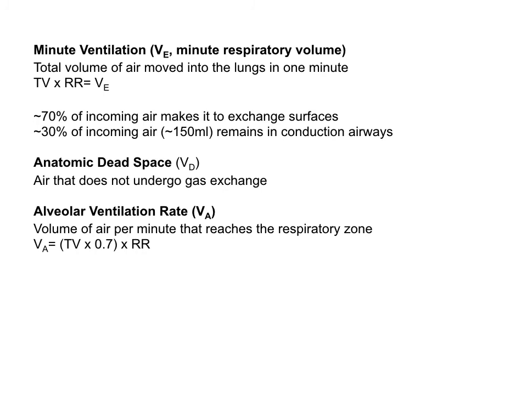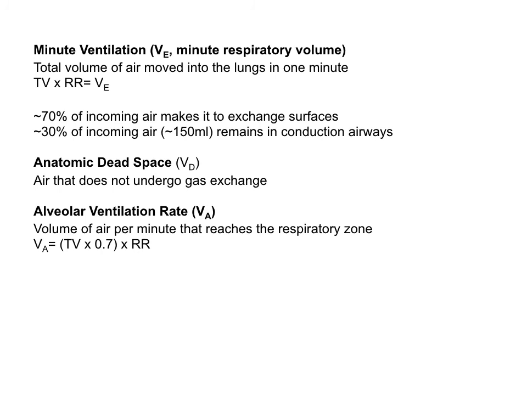Minute ventilation is abbreviated V with the subscript E. It's also referred to as minute respiratory volume. Minute ventilation is the total volume of air moved into the lungs in 1 minute. To calculate it, you take your tidal volume, how much air you move in one breath, and multiply it by your respiratory rate. And that will give you your minute ventilation.